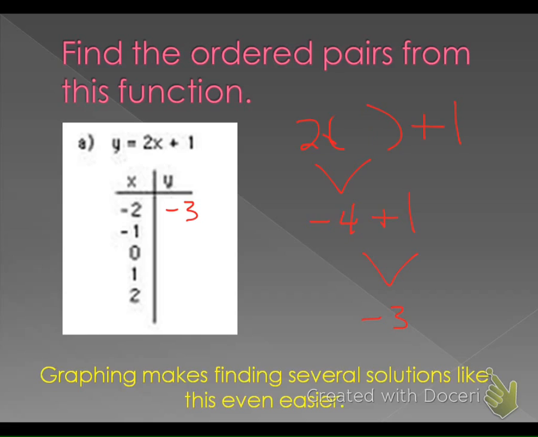Plug in your next value. What do you get? If you plug in the -1 or replace your x with -1, you get 2 times -1 equals -2. -2 plus 1 equals -1. Replace that x with 0.